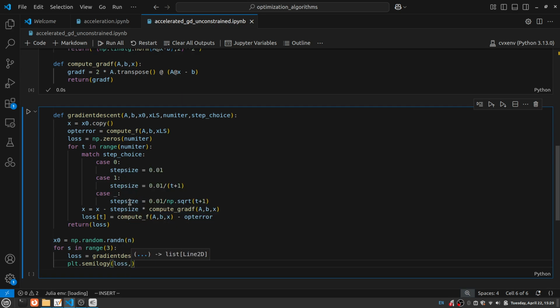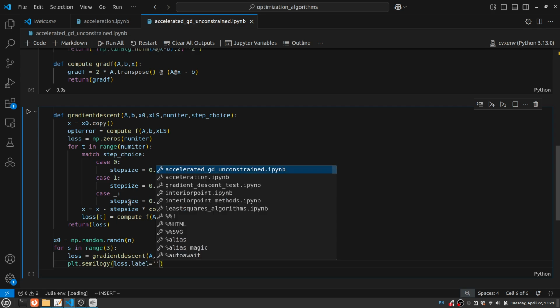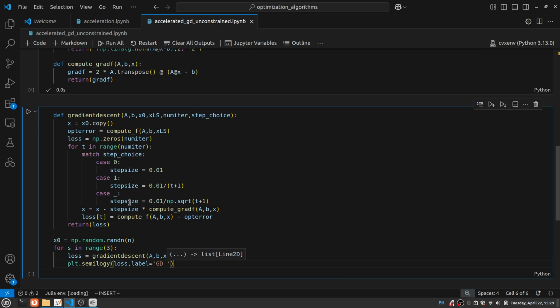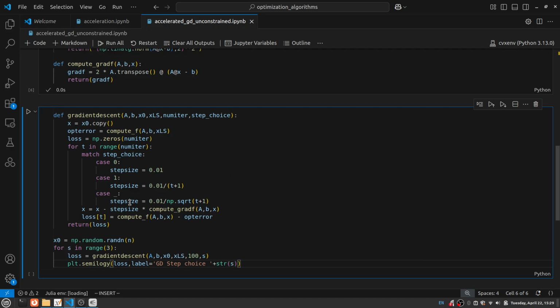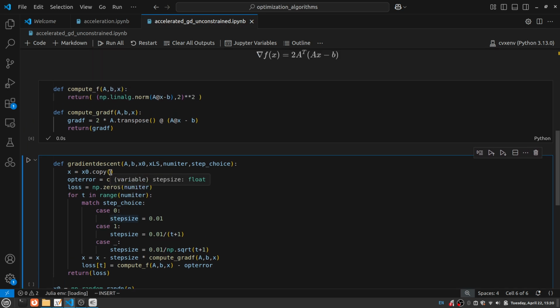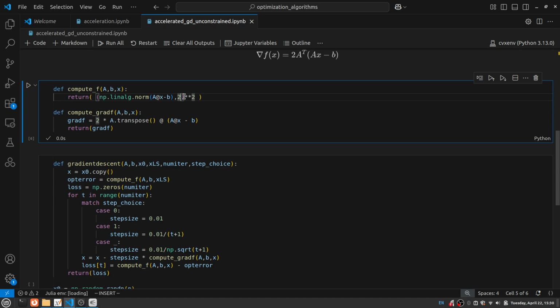Loss, gradient descent. This is too long.